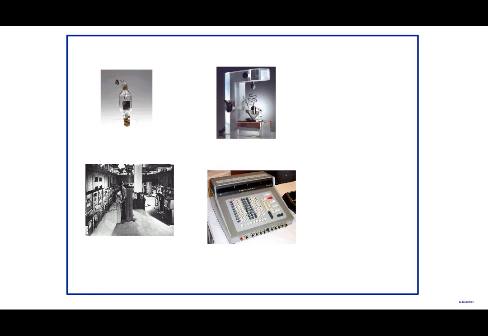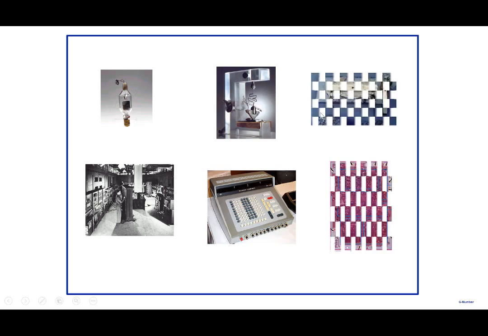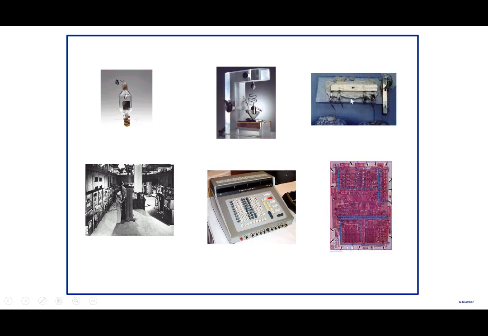You could not integrate 1 million transistors and make circuits using a fabrication method based on pick and place. Electronics had to wait for the invention of the integrated circuit, a new method of fabrication of circuits. And once the IC was invented, electronics really took off.